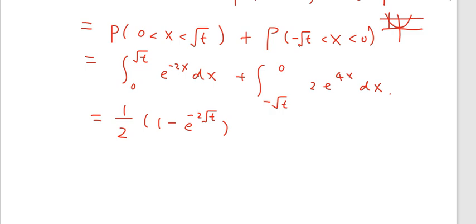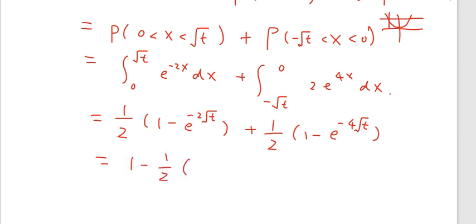For this part, integrating out, we find this equals half times 1 minus e to the negative 4t. Okay, so then this just equals 1 minus half.